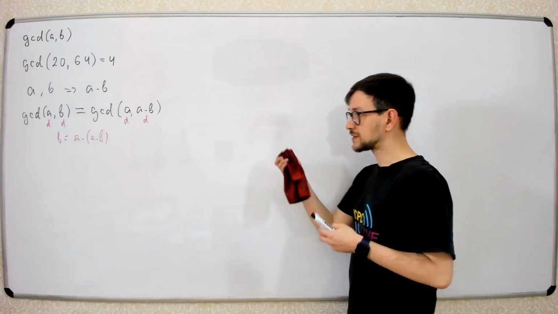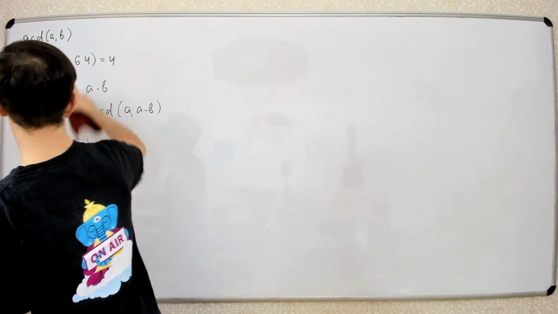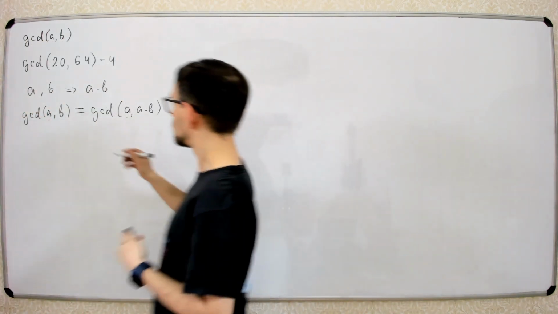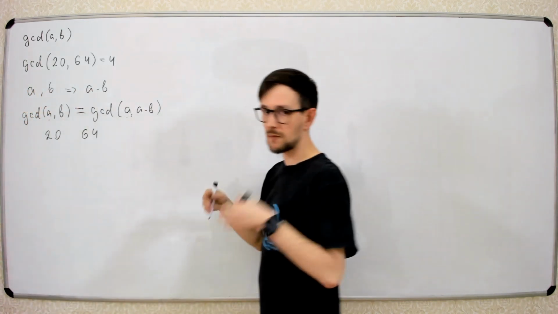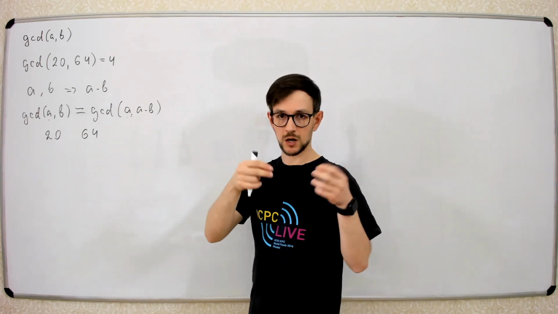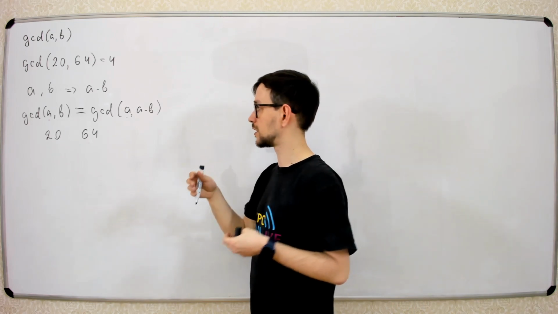How to apply this idea? Let's try to apply it to these two numbers. We start from 20 and 64, and apply this formula over and over again. We take the larger number and subtract the smaller number.